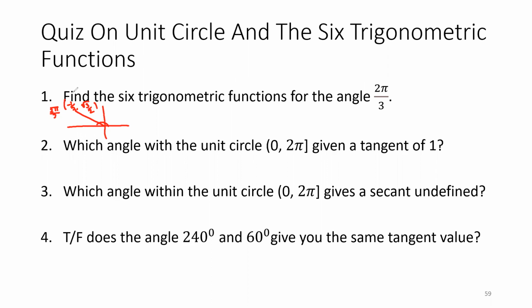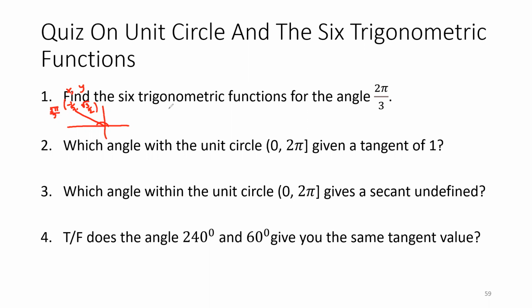That's very important when we find the six. It is an angle on the unit circle, so that's good. Then I'm going to find cosine, sine, and tangent. To find the other three, secant, cosecant, and cotangent, it's just the reciprocal of those three.